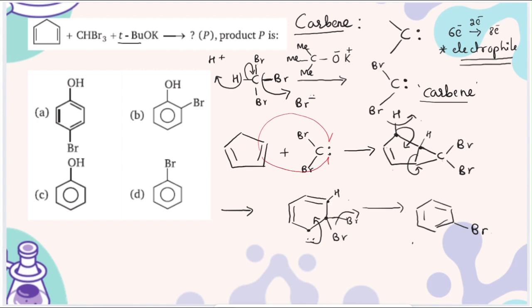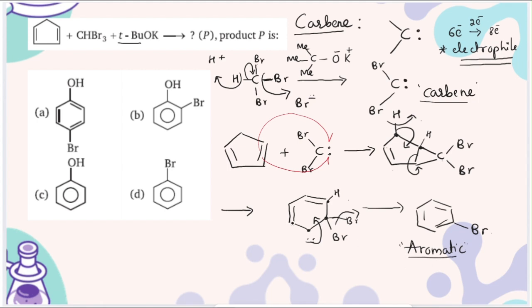That means the formed molecule is an aromatic molecule. This is the driving force which makes this molecule open up. This is also called a ring expansion reaction, because the rings that were there earlier, 5 membered and 3 membered, are not stable. When they open up, they form a stable 6 membered aromatic molecule. That is the driving force.